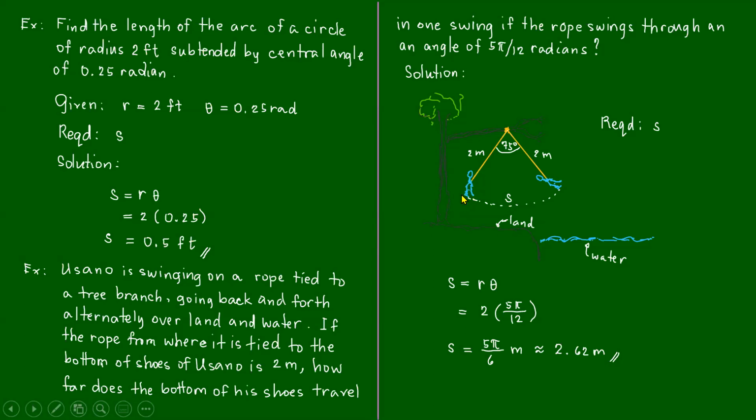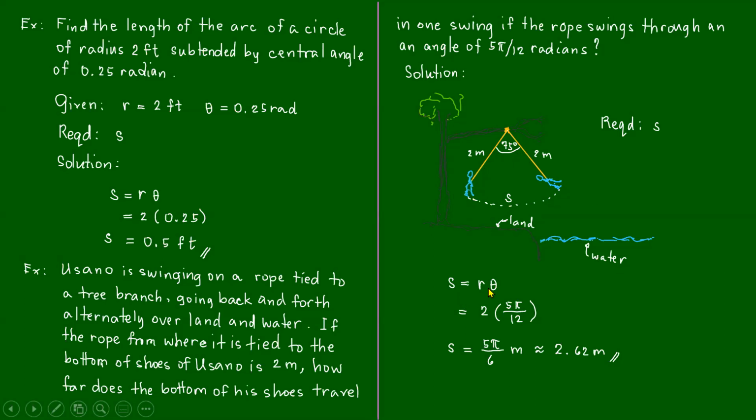The rope swings up to an angle of 75 degrees. How far does the shoe travel from this point to this point? That's the length of the arc. It forms part of a circle. So how long is this when it's stretched? This is the land, this is the water. We are required to get the S.